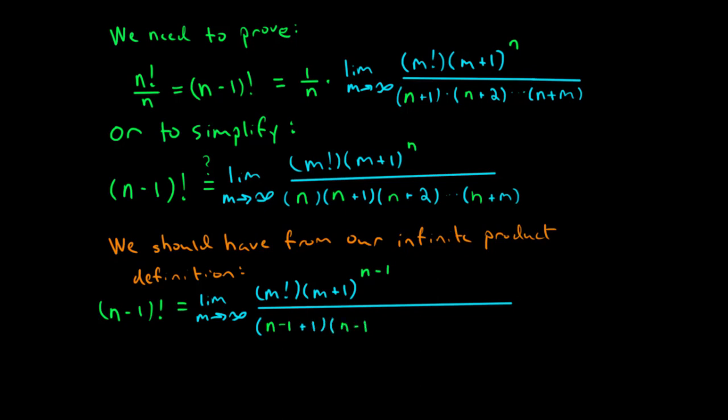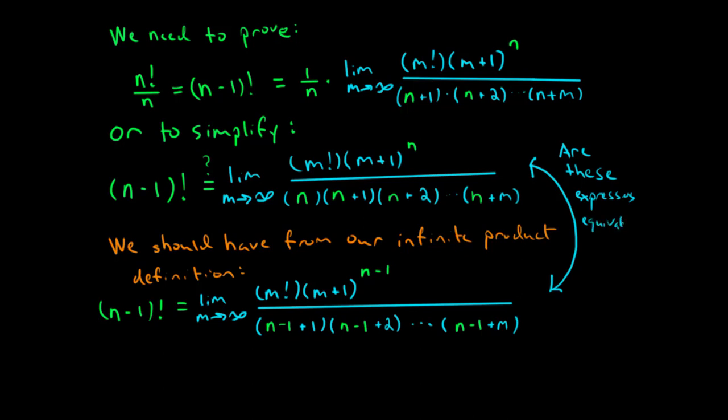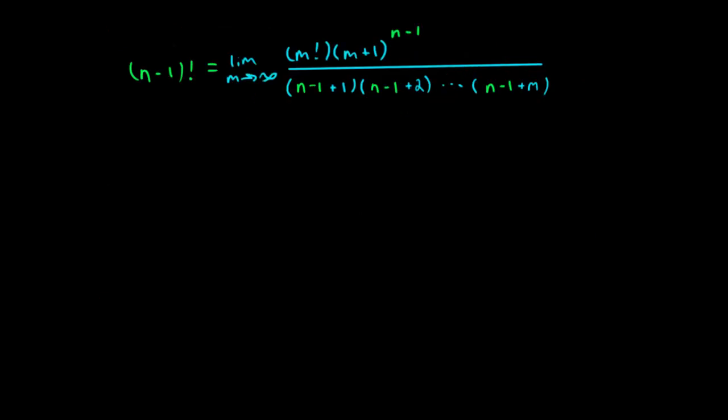I'm just plugging in n minus 1 where we had n before into this infinite product definition, all the way up to n minus 1 plus m. And that expression should reduce to the one that we've written above. So are these expressions equivalent? If they are, then we've proven that our infinite product definition has this important feature of the factorial function.